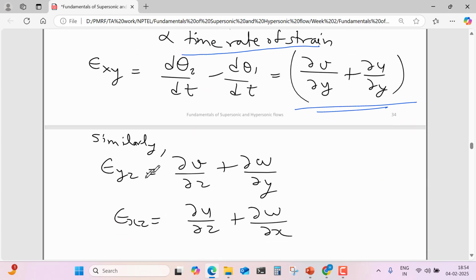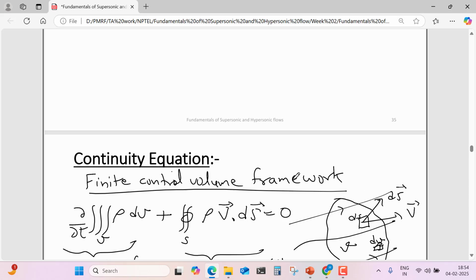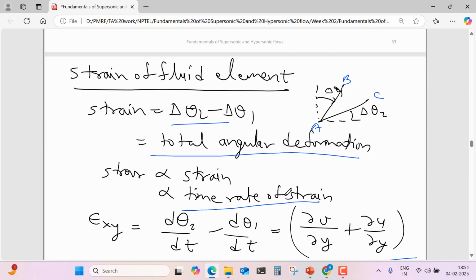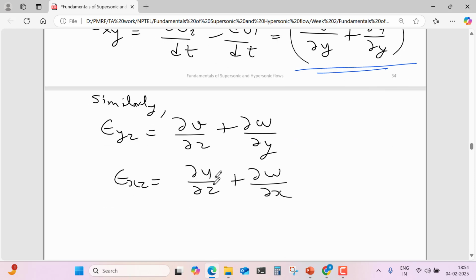Similarly, for epsilon yz, it will become dou v by dou z plus dou w by dou y, and epsilon xz equals dou u by dou z plus dou w by dou x. This will be useful.